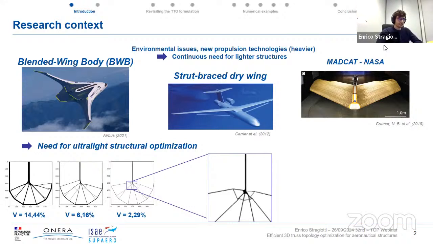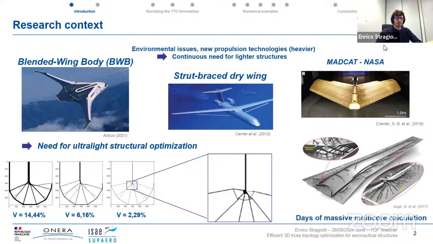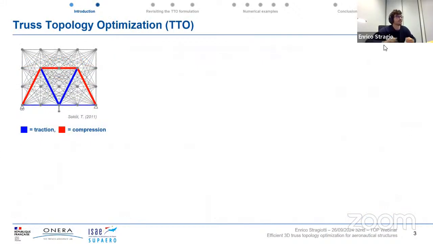We can do what has already been done in the literature, so use a really fine mesh, but this usually asks for a lot of time, and usually in the conceptual phase of aircraft design, we don't have this much time. It's for that reason that we decided to use truss topology optimization.